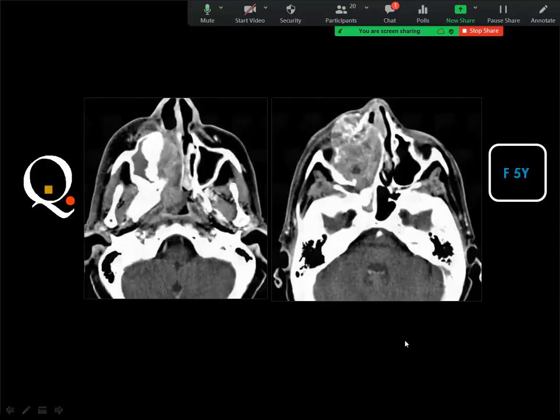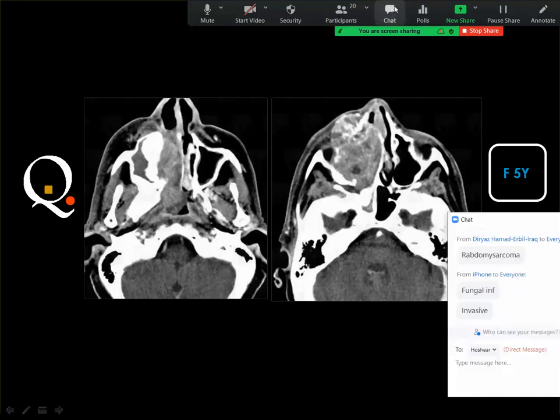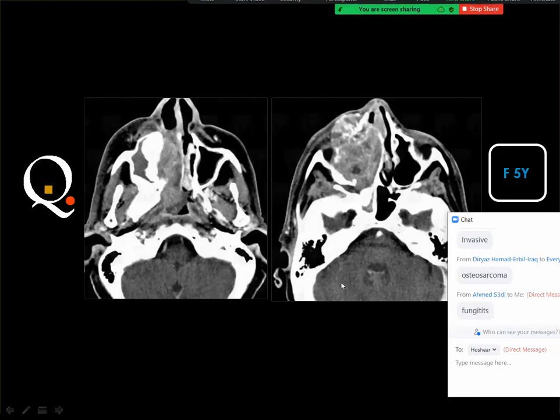you think of chondrosarcoma. Next case, this age is not right, but you got a mass in the maxillary sinus with extension into the nasal fossa, and also a component in the cheek. Yes. What do you think? Osteosarcoma, fungal sinusitis.